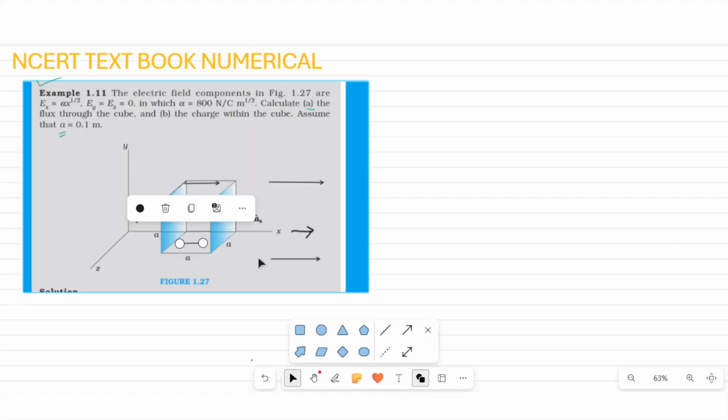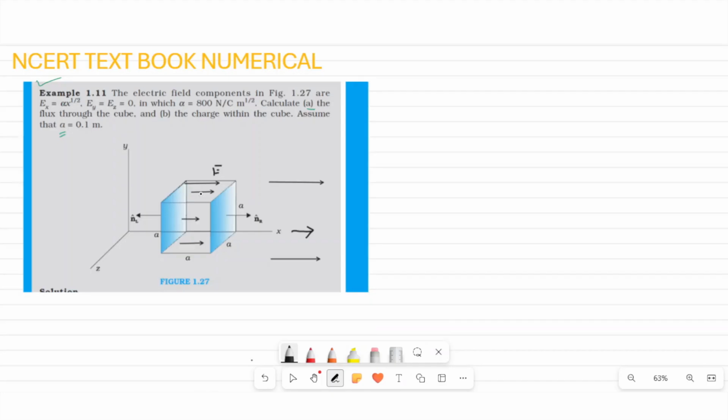So there are these four surfaces for which the electric field is parallel: the top surface, the shaded surface, the bottom surface and the front surface. Only on the blue surfaces is the electric field perpendicular.